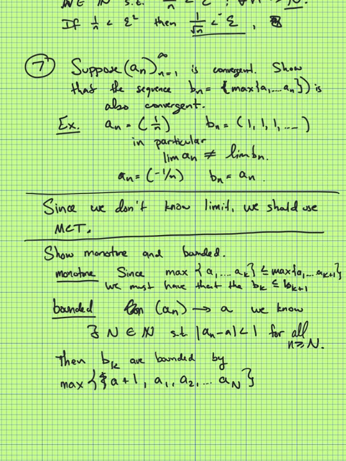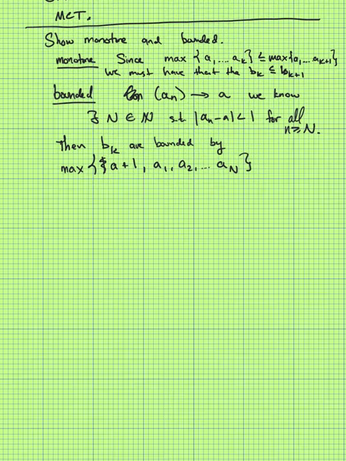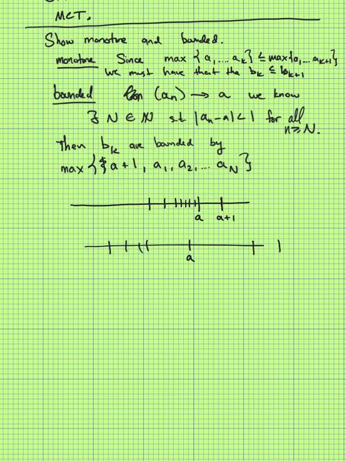Okay? So here we know, what could happen is we have our sequence which is converging to A. It might look like this, right, and converge up to A, in which case a plus 1 is a bound. Or it might have done some crazy things before eventually getting sucked into the a minus 1, a plus 1 neighborhood.